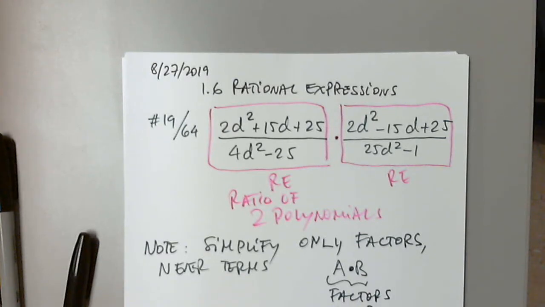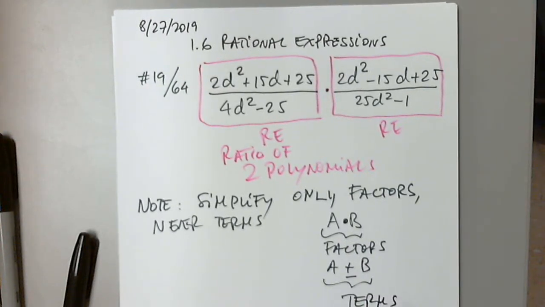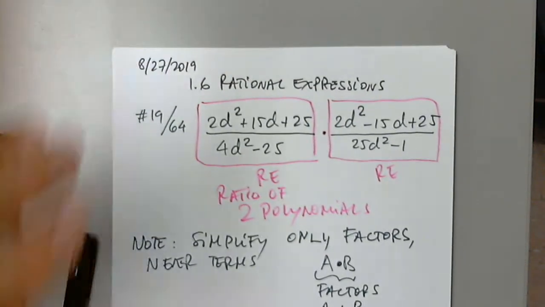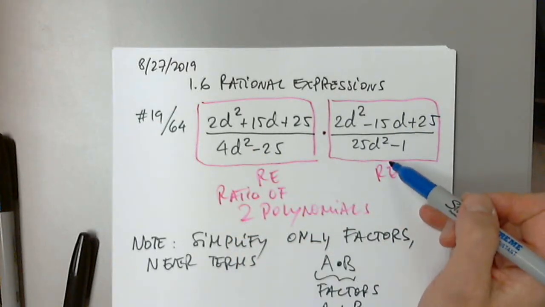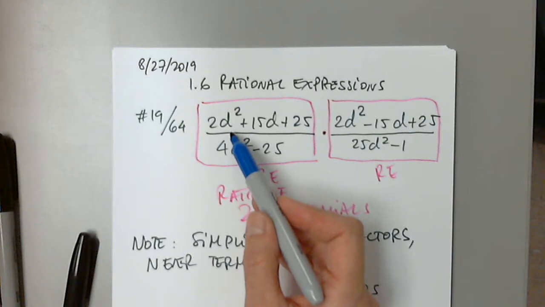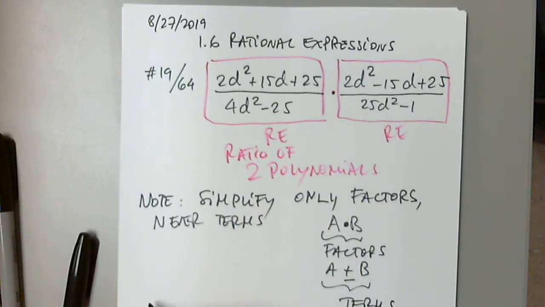But A plus B or minus B, they are called terms. Very good. So we have to go back to the first rational expression and try to factor the top and bottom. Okay, so let's start with 2d squared plus 15d plus 25.